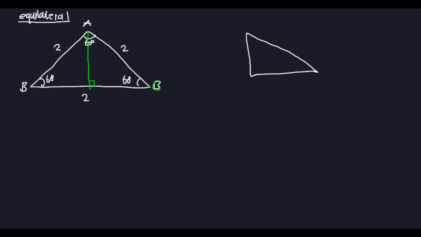So we'll consider this is our A, B, and C. Let's call this D. So now we have this distance BC, which is equal to 2. So this perpendicular line is cutting BC into two equal parts. So from here up to here we have 1. Also here we have 1. So we are going to find this distance AD.